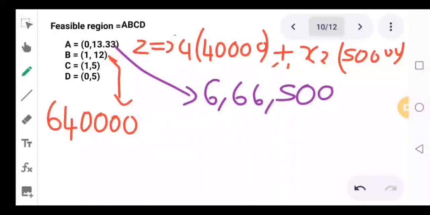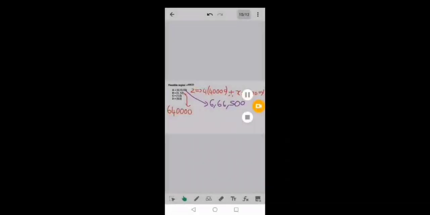That means for the optimal solution, you'll get either this or 6,66,666.6, and I'll show you how we are getting it like that.